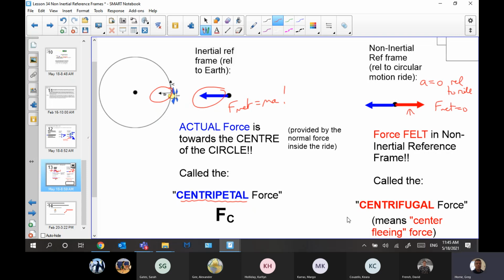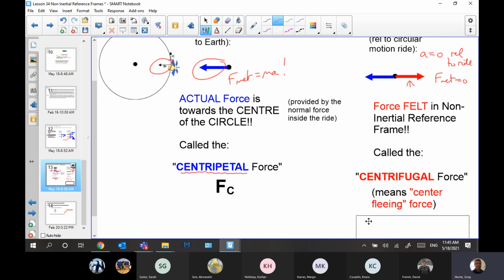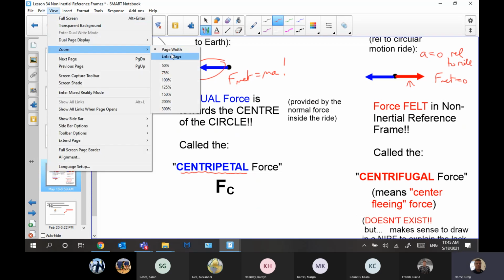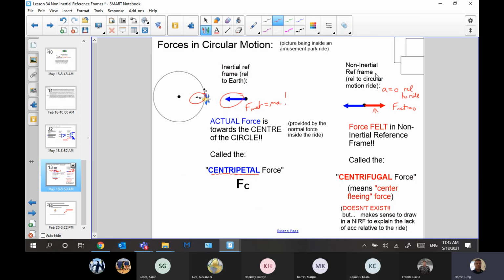So centrifugal force, that center-fleeing force, doesn't exist, but it makes a lot of sense to draw it in certain contexts, where you're talking about the free body diagram for that non-inertial reference frame. If you're dealing with non-inertial reference frames explicitly, you absolutely do list those forces in there.